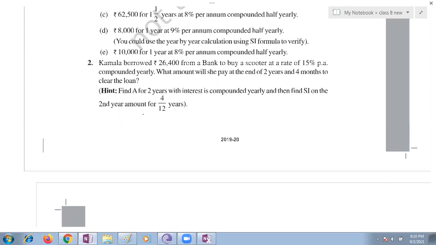The condition given is compounded yearly. That is the keyword, so you use the general formula, but the time period is 2 1/3.